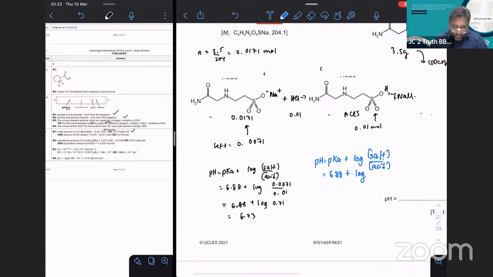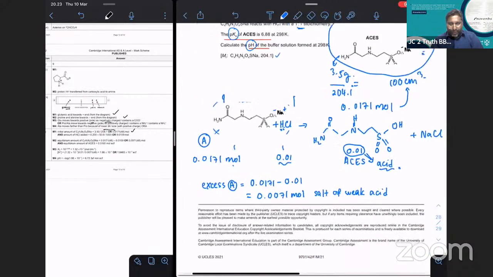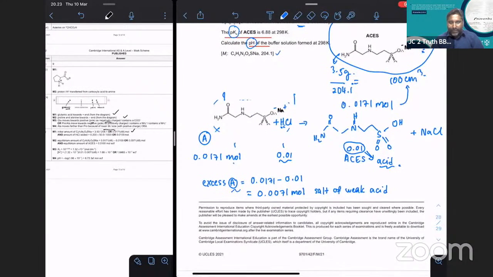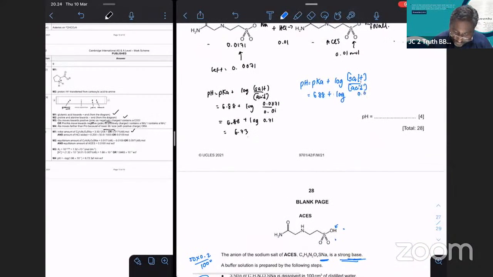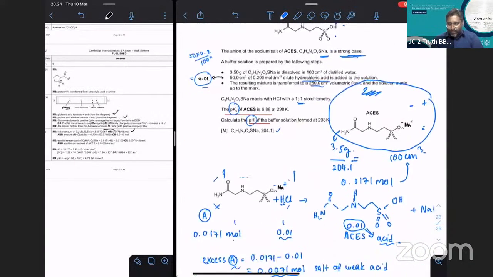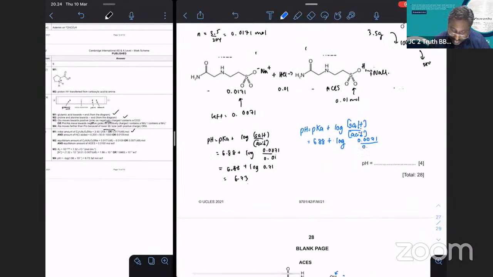Log of the concentration of the salt. You see, the salt is the A, and it's 0.0071. What is the volume? The volume is 250 cm3, so 0.25.